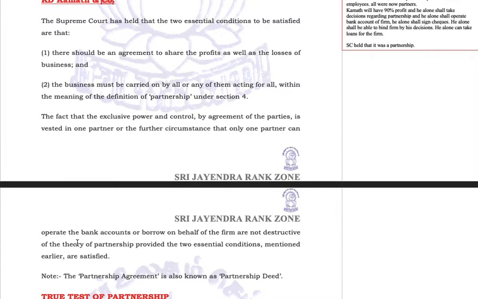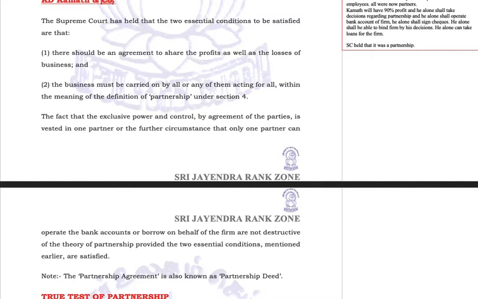These are not destructive of the theory of partnership, provided the two essential conditions mentioned earlier are satisfied. That means only these two conditions have to be satisfied. Whatever else is the relation between partners will not destroy the theory of partnership.